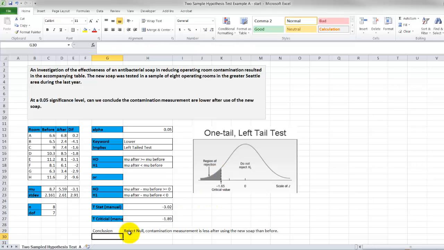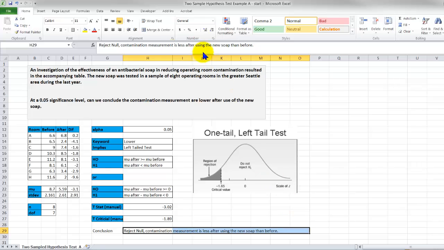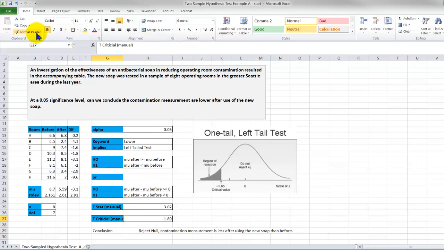So it's basically suggesting that the new soap has a positive impact on the level of contamination. So we are better off using this soap.